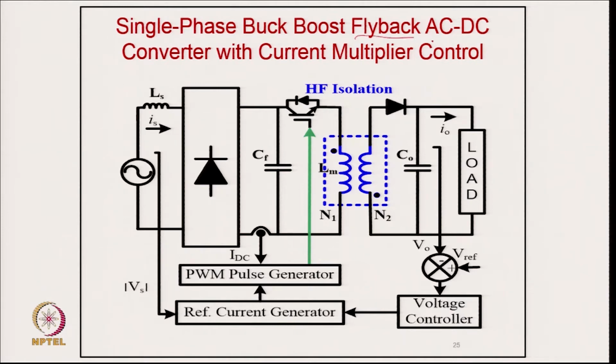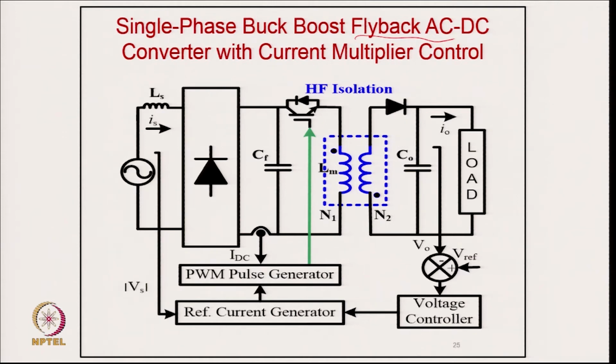The first is a topology derived from the simple buck boost converter. Here we are using the inductor as a coupled inductor, which people call a flyback inductor, where only one winding conducts at a time, which is the reason we call it an inductor.